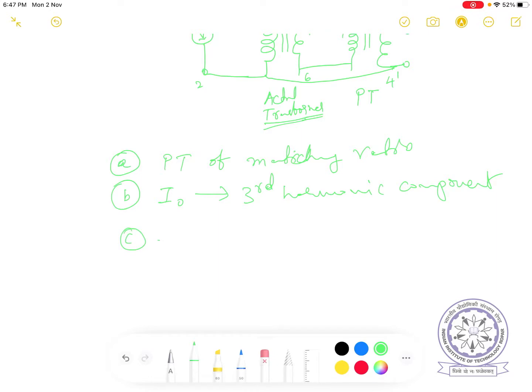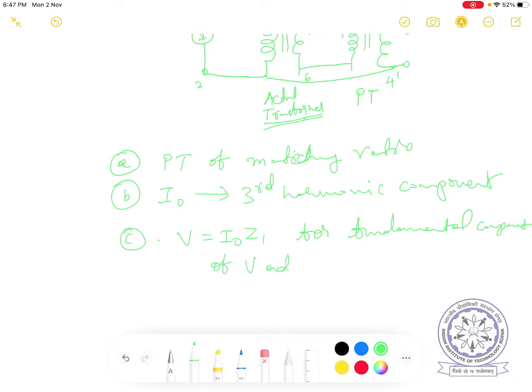The equation V equals I0 Z1 holds only for fundamental components of V and I0.